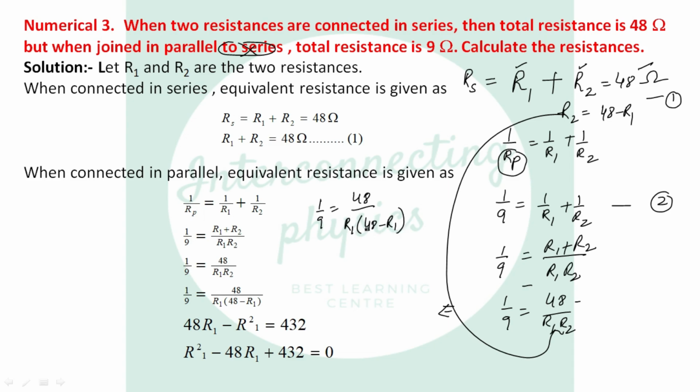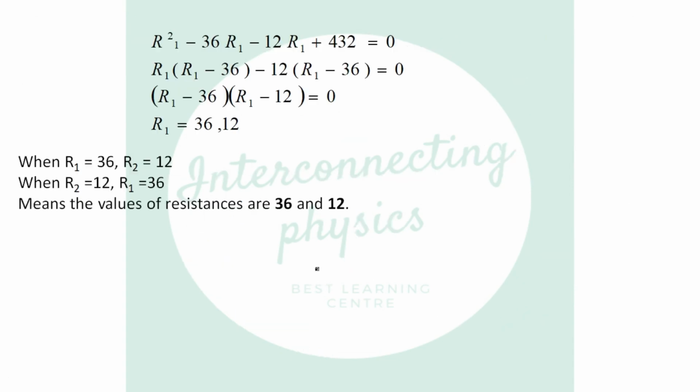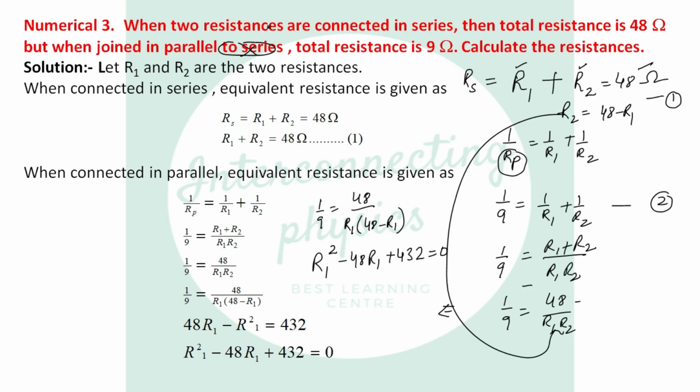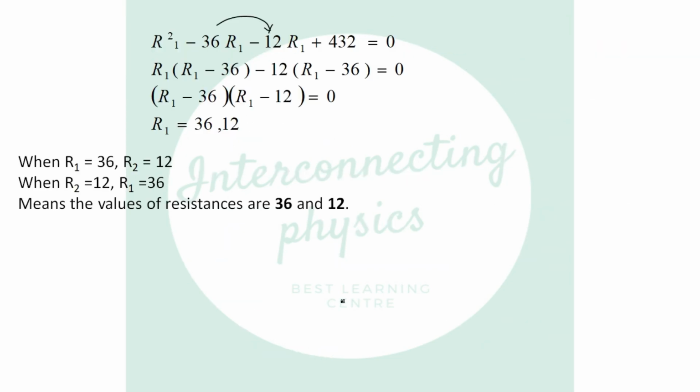Okay, so when you cross multiply and calculate, you will get a quadratic equation, which is R1 square minus 48 R1 plus 432 equals 0. Now you have to calculate the roots of this equation, that is, you have to calculate R1. So R1 square minus 36 minus 12, because 36 plus 12 will be 48 and the multiplication will be 432.